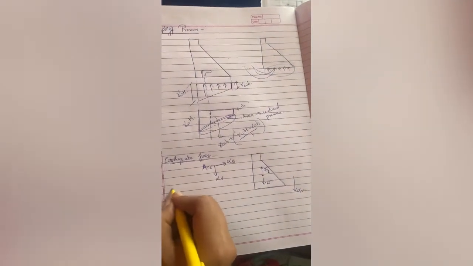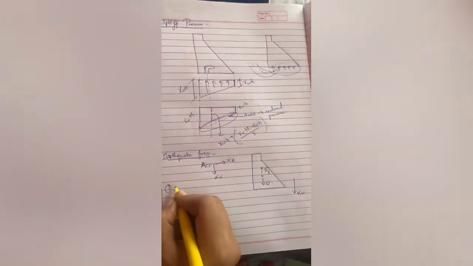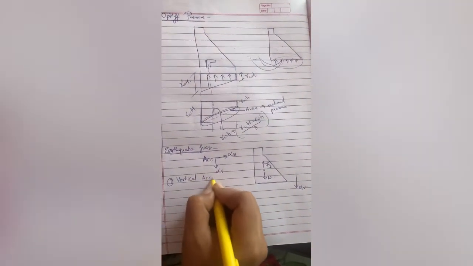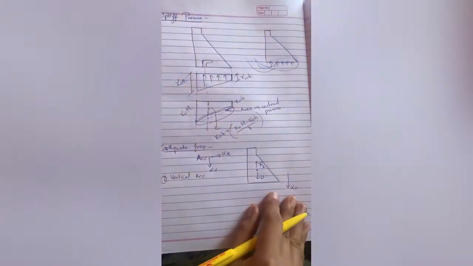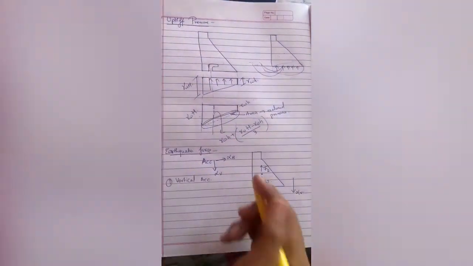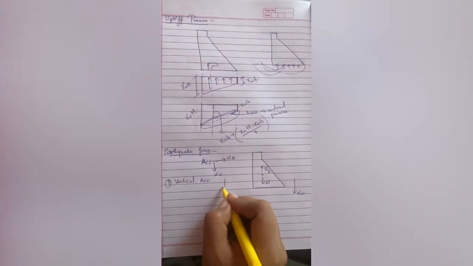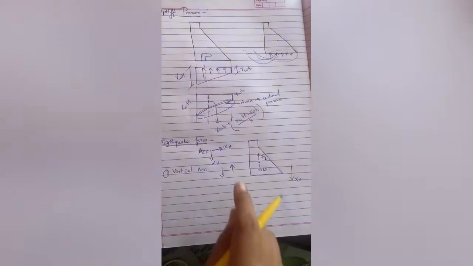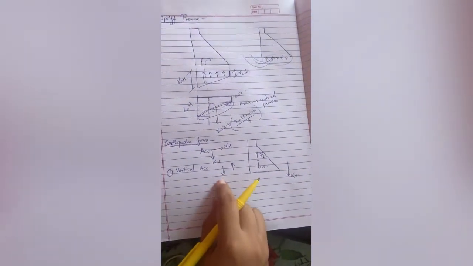The first case is the effect of vertical acceleration. In this dam structure, vertical acceleration may act in a downward direction or in an upward direction. These are two cases, either downward or upward.